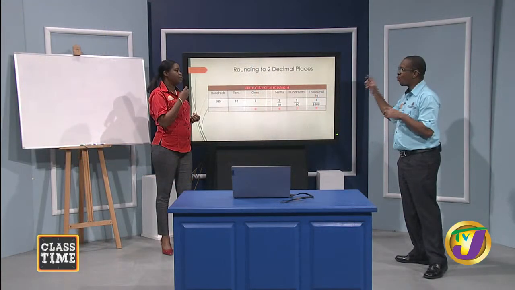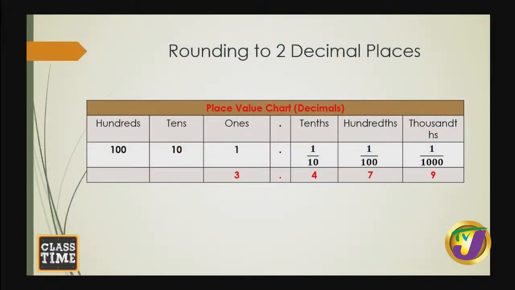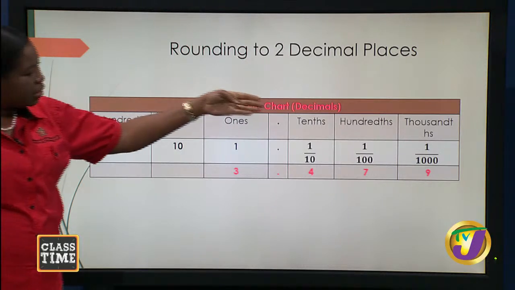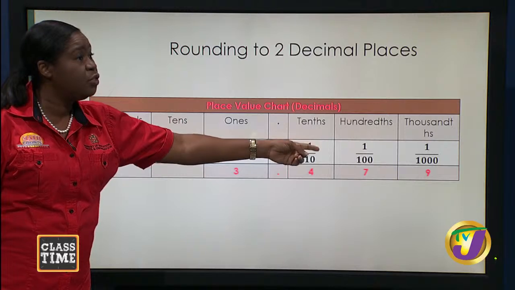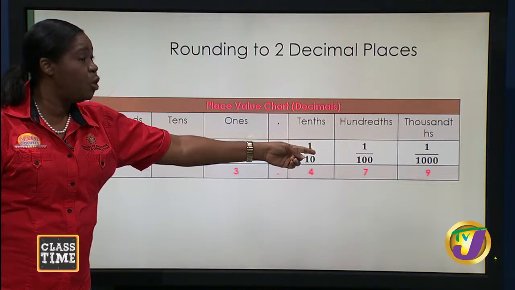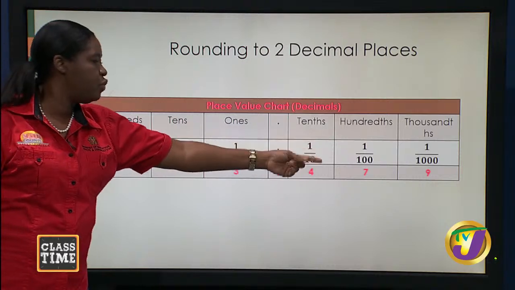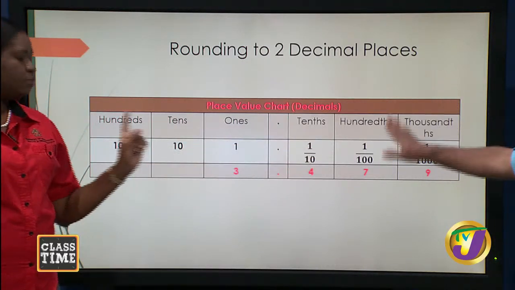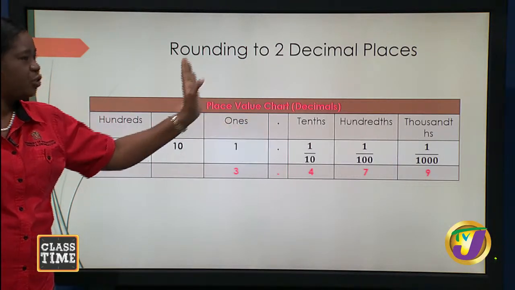If I have 9 already, I would only need 1 more to make a group of 10. That means this number is 1 thousandth away from the next hundredth. So that 9 plays a role in what we do. If I add 1 thousandth more to this, it brings it to 8 hundredths, and we want to round to the closest hundredths, 2 decimal places.